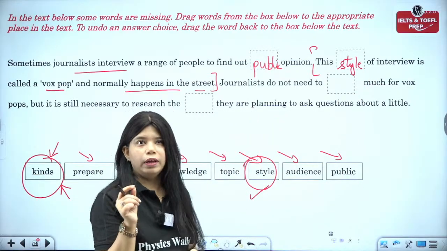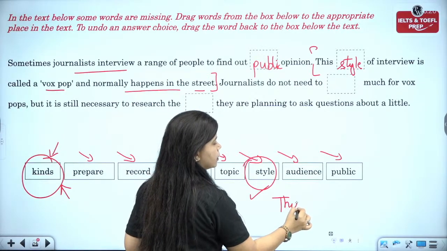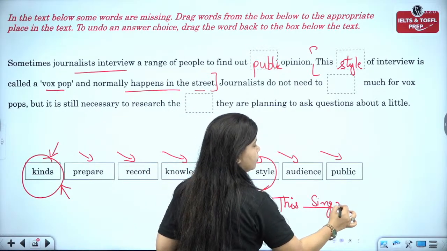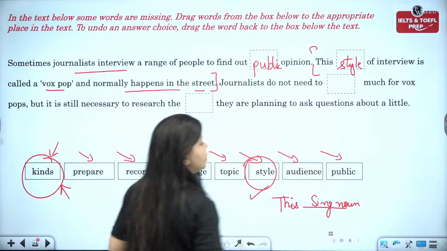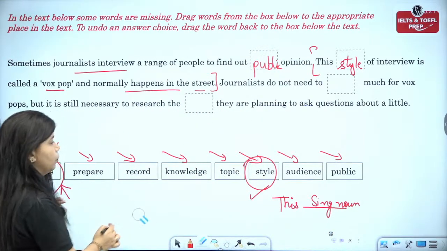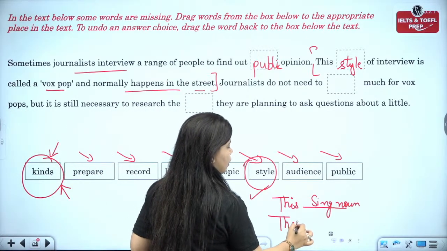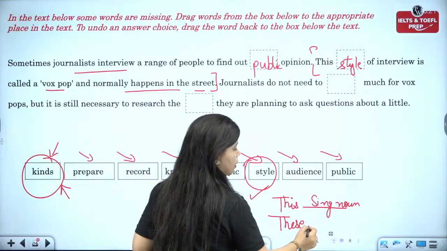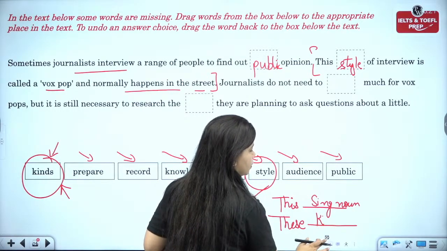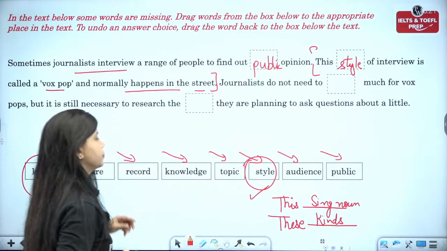Again, the grammar here. Just before the blank, we have got this. With this, we take a singular noun. However, this noun here, kinds, is not singular. It's plural. If it had been these before the blank, then we could have written kinds. And that's how grammar matters a lot.